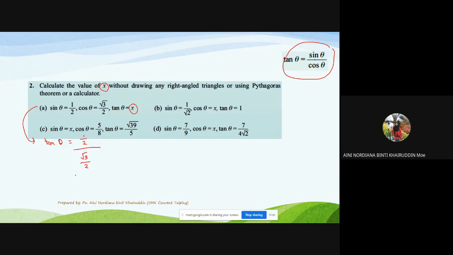Then you will get the value of x, which is 1 over square root of 3. Use this formula: tangent theta equals sine theta over cos theta. So this is all the answers.